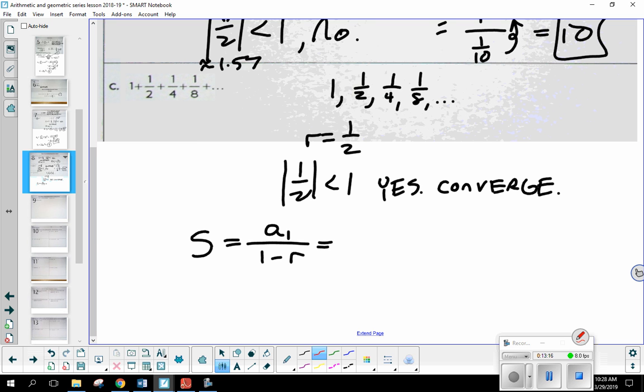What was the first term again? 1 over 1 minus the common ratio we said was 1/2. Okay. What's 1 minus a half? So 1 divided by 1/2, as soon as I simplify, it should be 2.